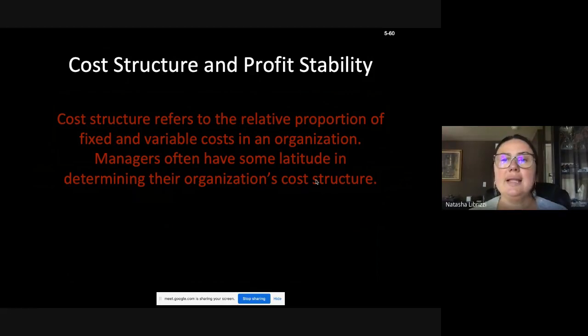Towards the end of this topic, we're going to talk a little about cost structure and profitability stability. I kind of alluded to this earlier in the lecture: the infrastructure of a company, how much they wrap up in variable cost versus fixed cost, can very much determine how a company would do during a recession or in an upswing. So the companies that have fixed costs might find themselves in a tougher position during the recession because they cannot adjust their cost as fast.